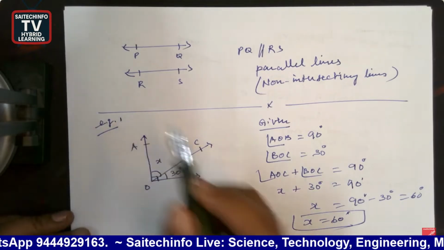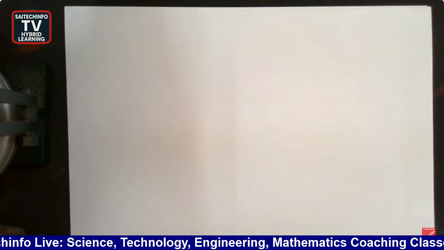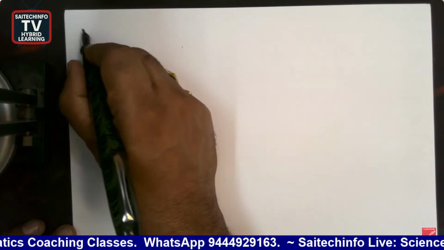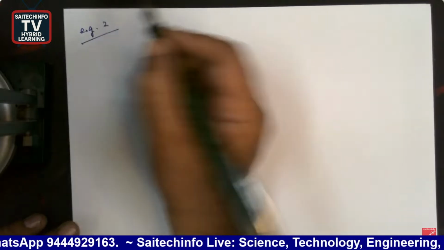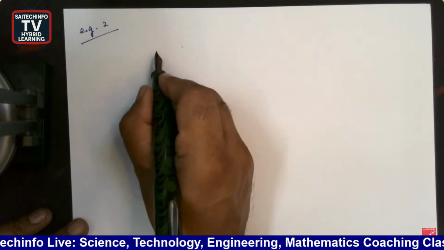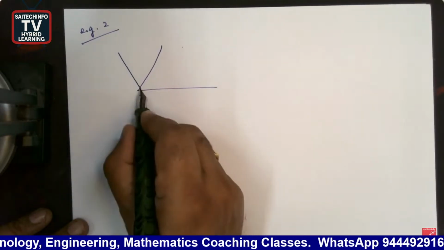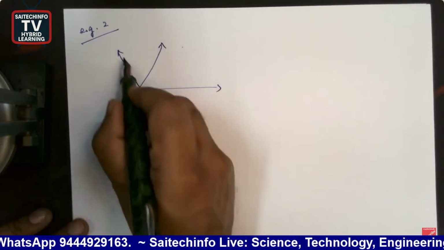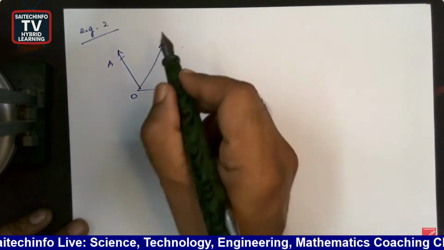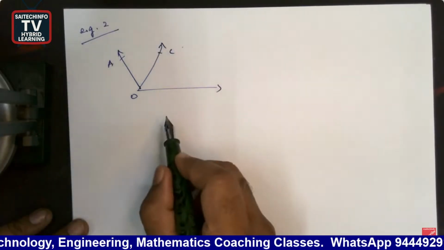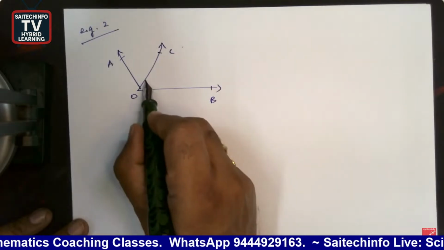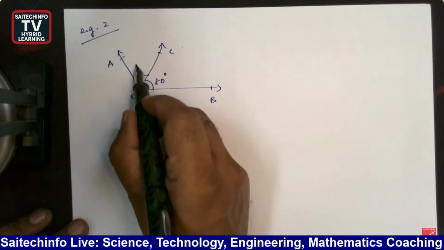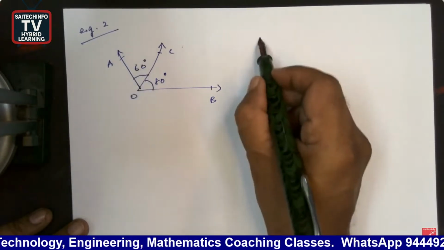Now let us work out another example. We have A, B, C, O. So this is 80 degree, AOC is 60 degree. What is AOB?